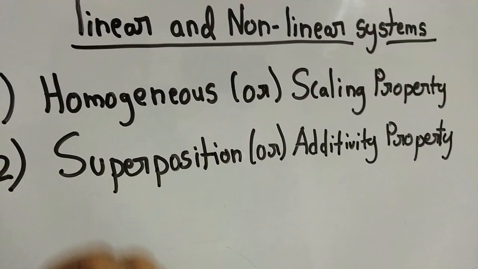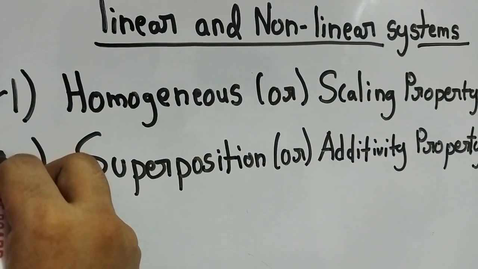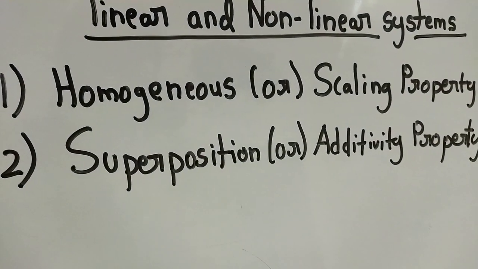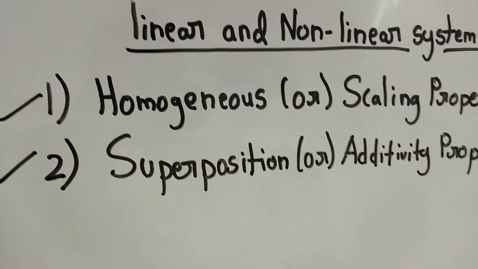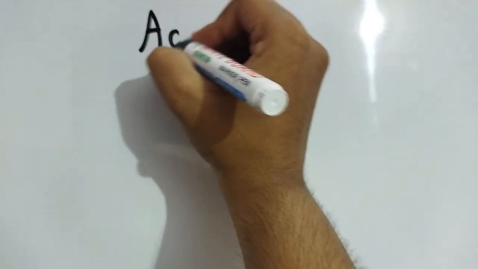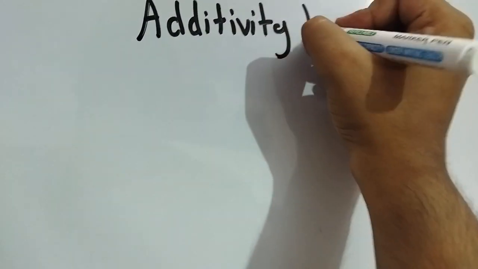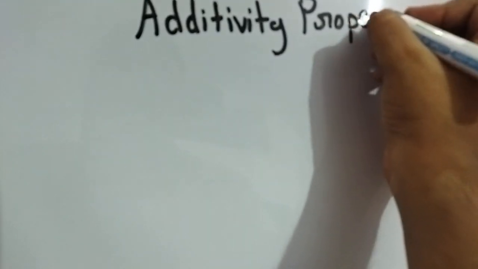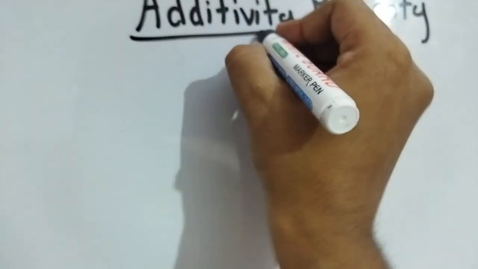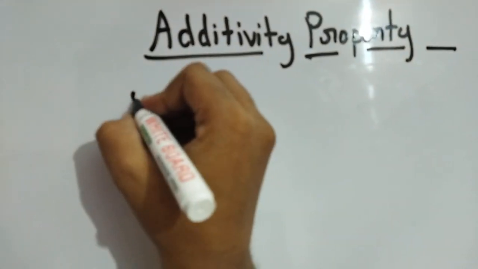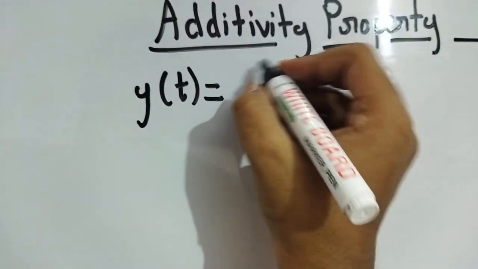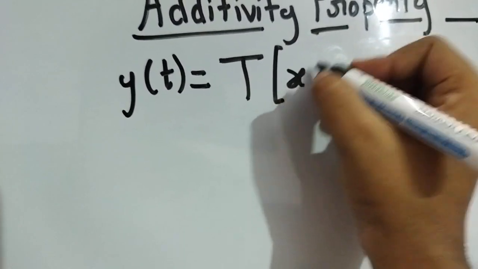Now we will discuss homogeneity and superposition, that is the scaling and additivity properties, in detail. Additivity property. For example, let's take a system y of t equal to t into x of t.